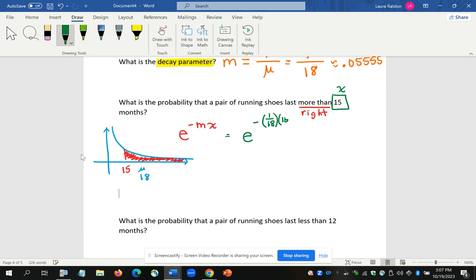times 15. Okay, so I'm going to go ahead and work that out a little bit. E to the negative 15 over 18. I'm going to go ahead and do the multiplication there. Remember, you multiply the tops, you multiply the bottoms. So then I'm going over to my calculator.